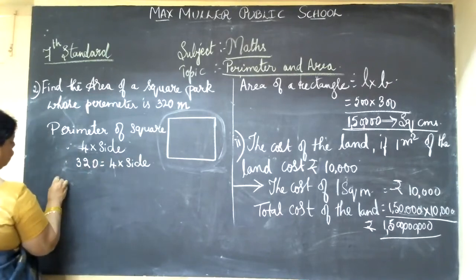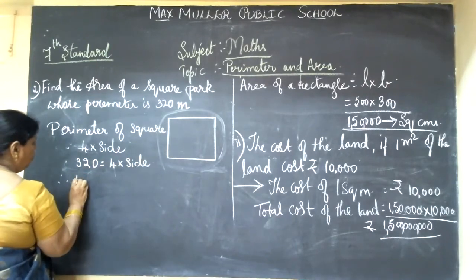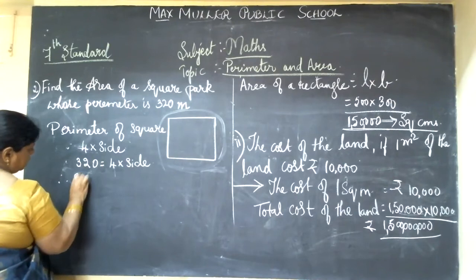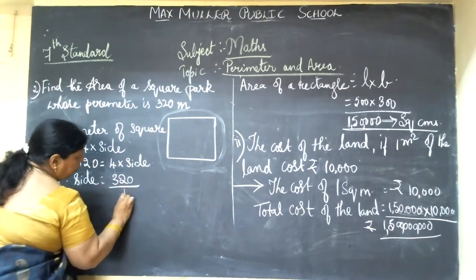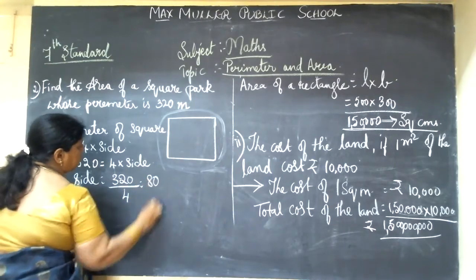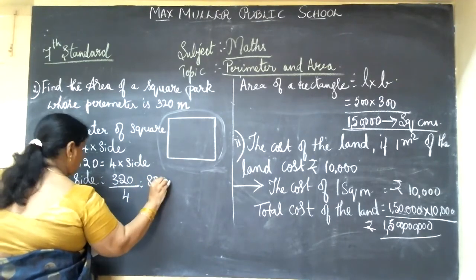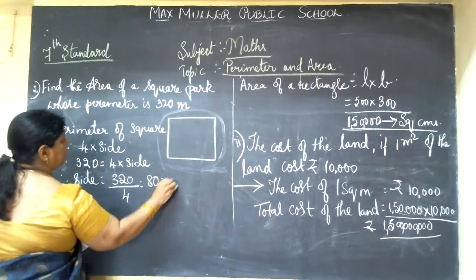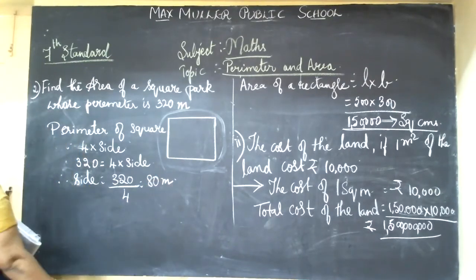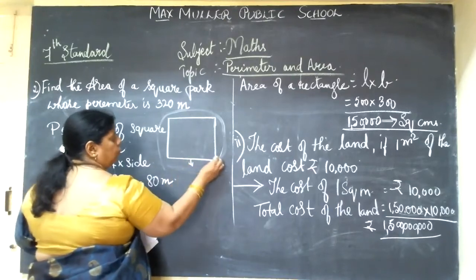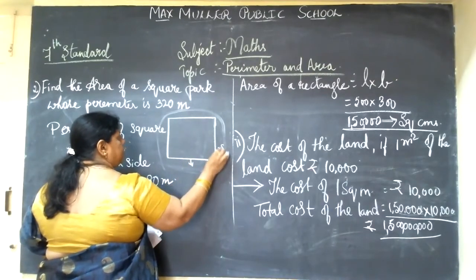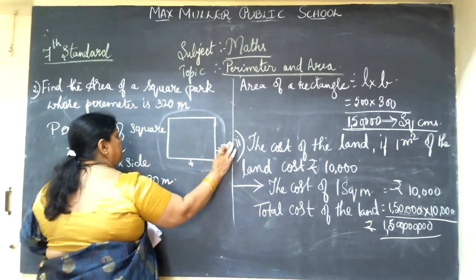Therefore, side is equal to 320 by 4. That is 80 meters. So now one side we got, 80 meters.